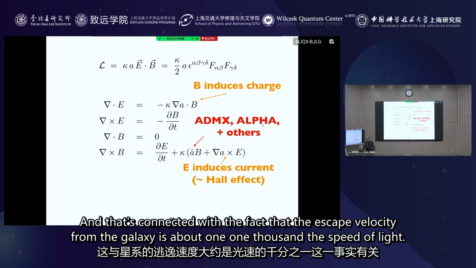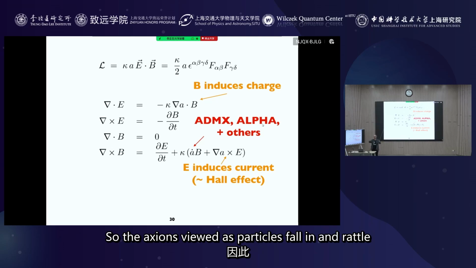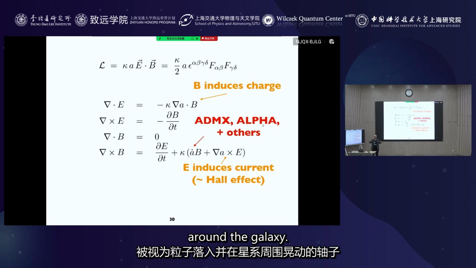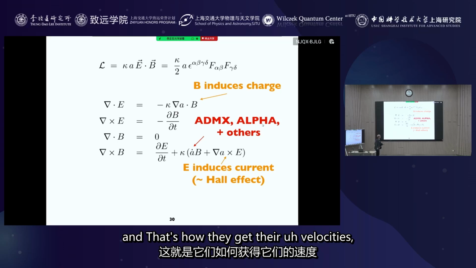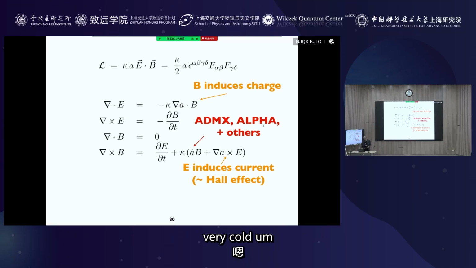And that's connected with the fact that the escape velocity from the galaxy is about 1/1000th the speed of light. So the axions, viewed as particles, fall in and rattle around the galaxy, and that's how they get their velocities, even though they were produced very, very cold.